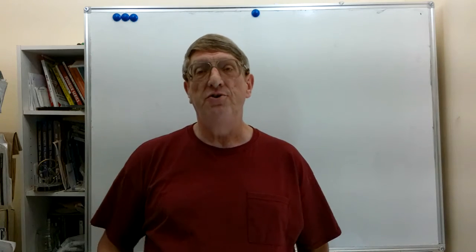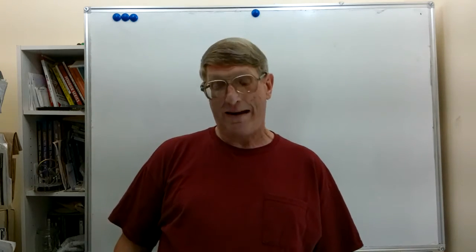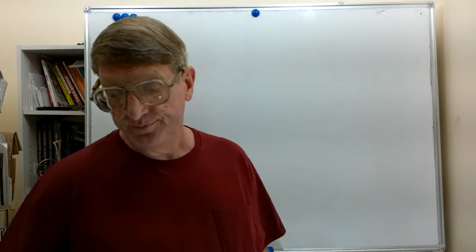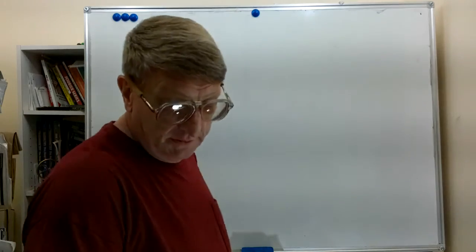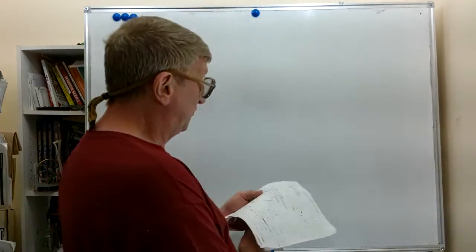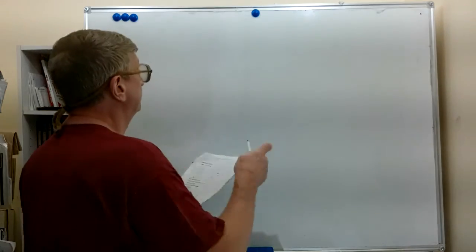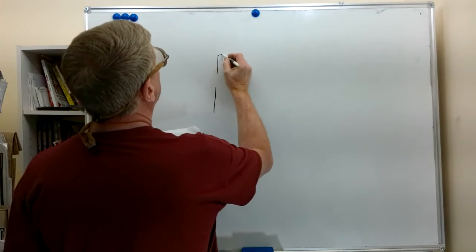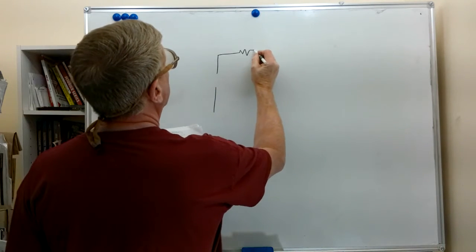We're going to continue learning a little more about analyzing series circuits, a little more practice. We're going to start with a series circuit: two resistors and a power source.